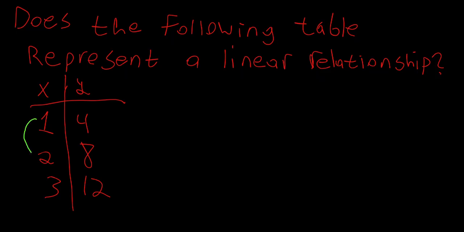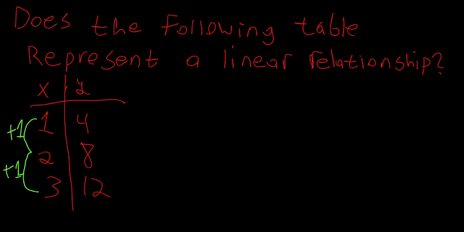So x is our independent value. So it has a constant change here. It's plus 1 each time, okay? Let's clean that up a little bit. It's simply plus 1 every time. That's our independent variable.